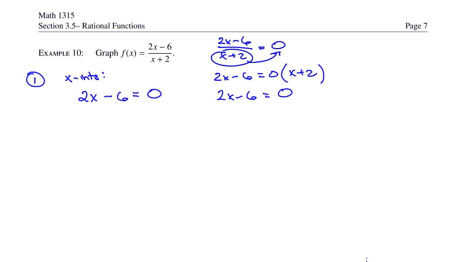This will happen every time you have a rational function that's just p over q. So the shortcut to finding the x-intercepts is just to start with the numerator equal to 0. You can't get any more information about the x-intercepts from using the denominator. So just set the numerator equal to 0 and then solve. So that's what I've done here on the left. 2x minus 6 equals 0. Solve that for x, and you get x equals 3. So that's 3 comma 0.